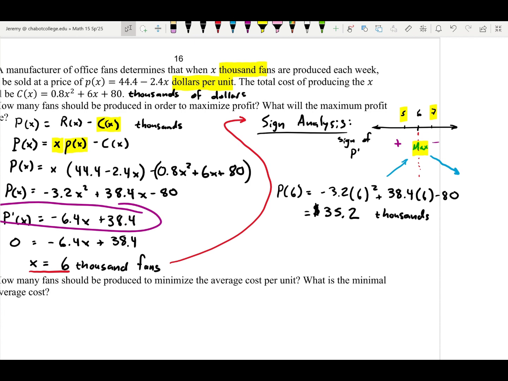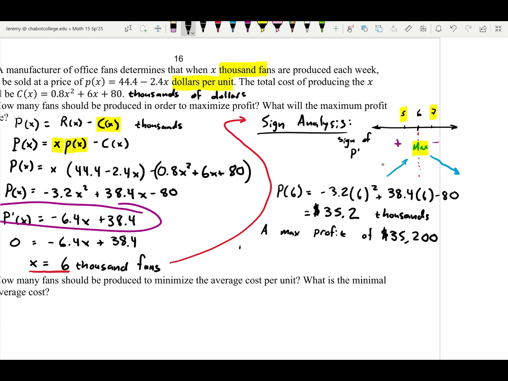So here's how I'll write out my answer. I'll say that a max profit, so maximum profit of $35,200. So just taking that last value that I found, multiplying it by 1,000.